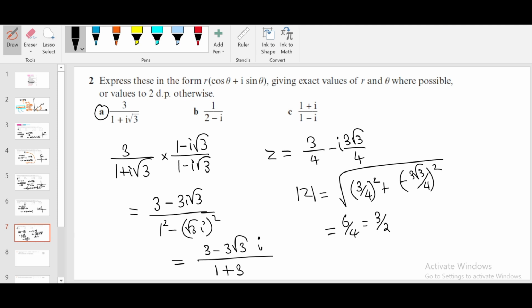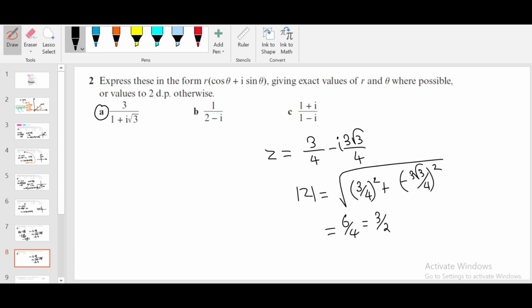That's the modulus. Now if you plot this complex number, x is positive, y is negative. So it will be in the fourth quadrant where the angle is minus theta. So you need to find the argument: tan inverse of, taking only the positive numbers, 3 root 3 over 4 divided by 3/4.